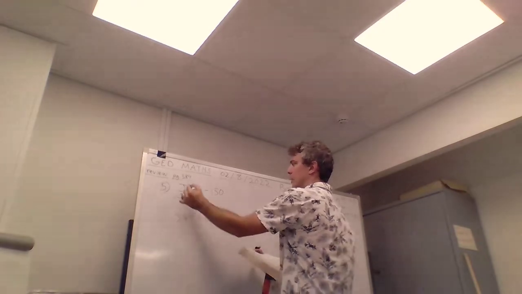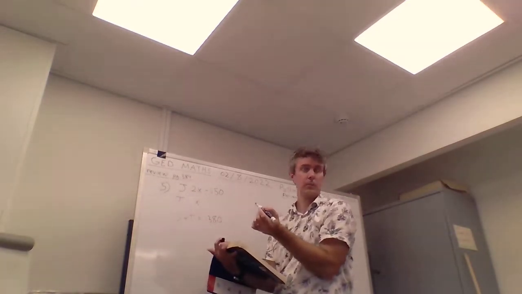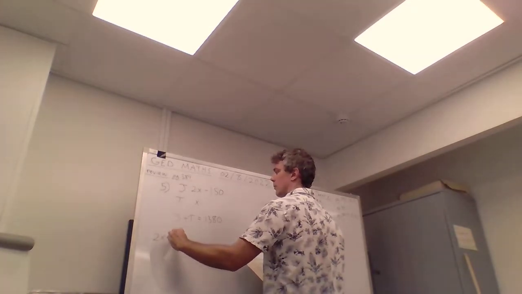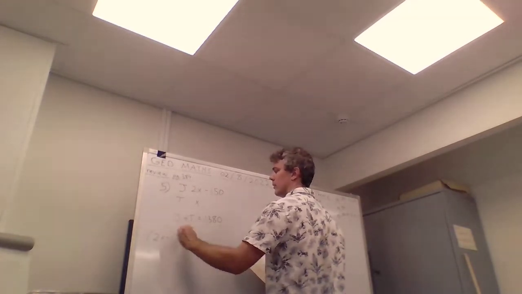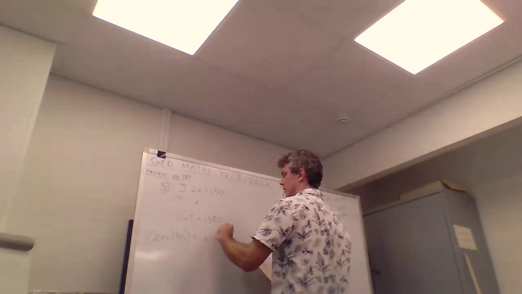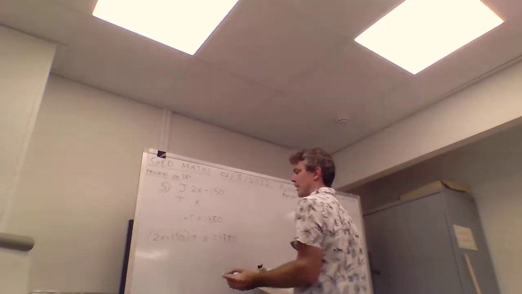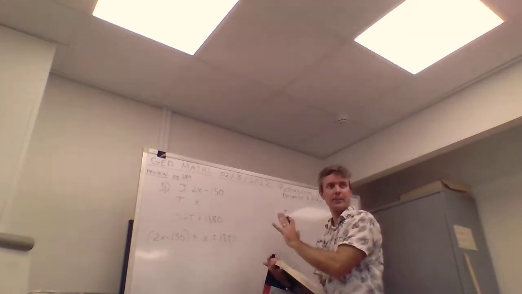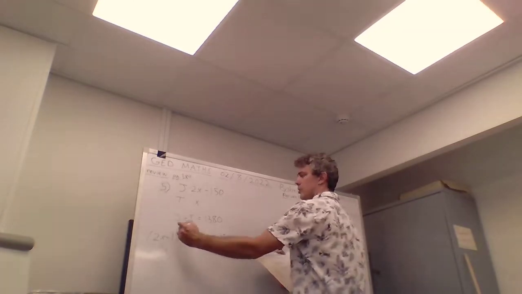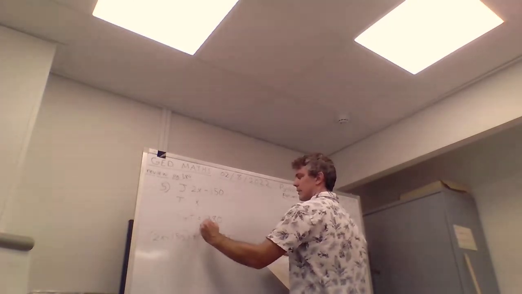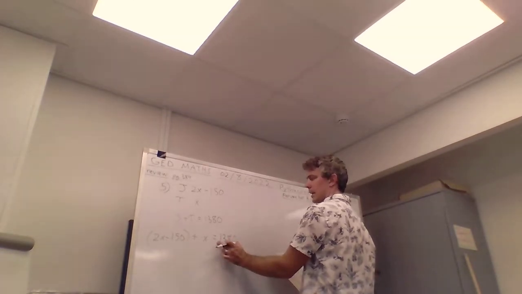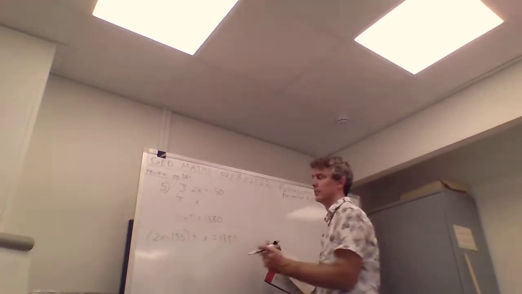Now we know J and T in terms of X, so we can put them in and solve for X. So it becomes 2X minus 150, and this is J, plus X. This is the challenging part, getting to here. Once you have here, you can solve for X. This is J, Jan, and this is T, Tom, and together they equal 1380. So now we can solve for X.